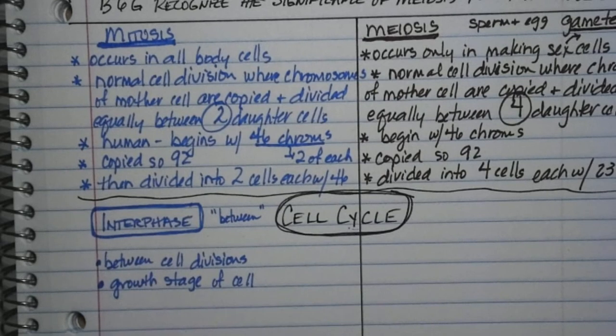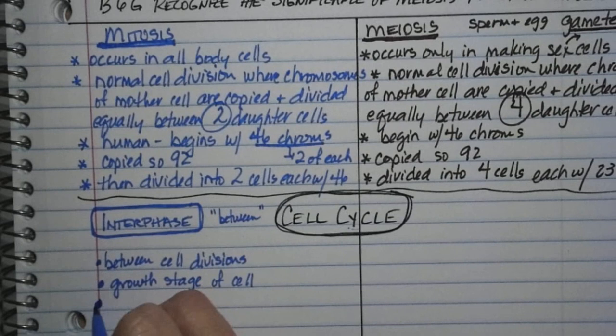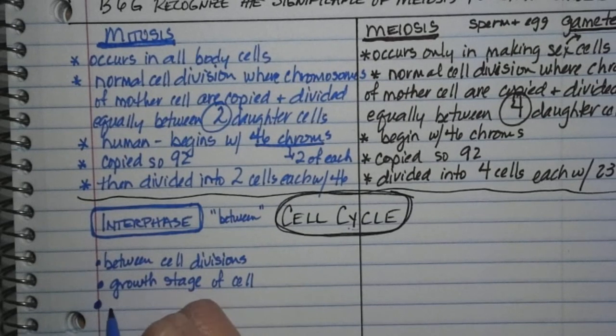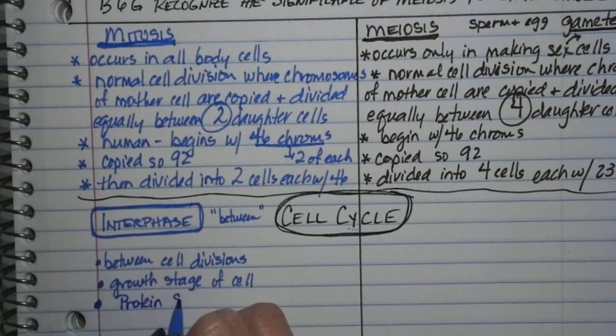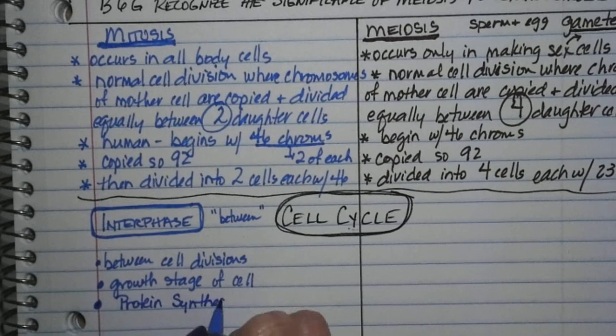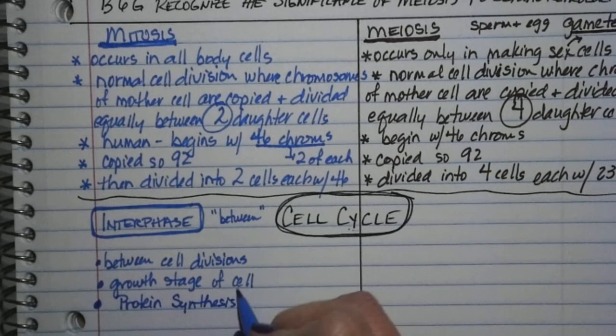The really important thing that we're doing here is this is when protein synthesis occurs. Making proteins, protein synthesis. And different cells are making different proteins. So basically this is when the cell's doing its job.